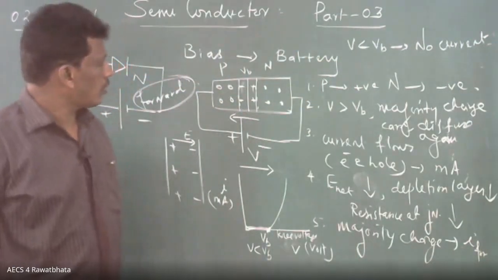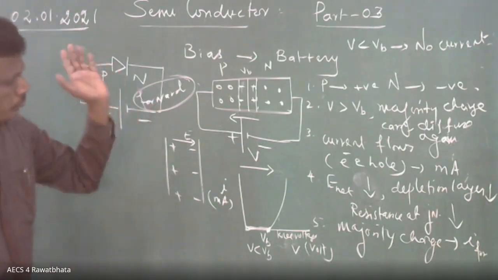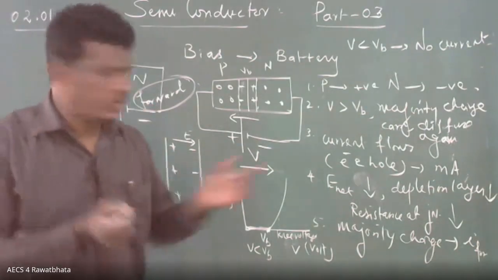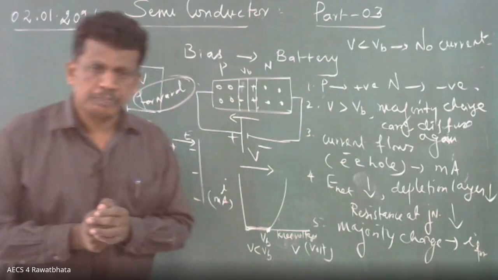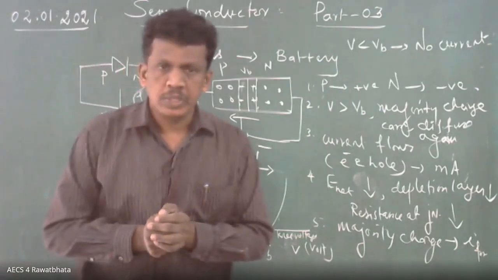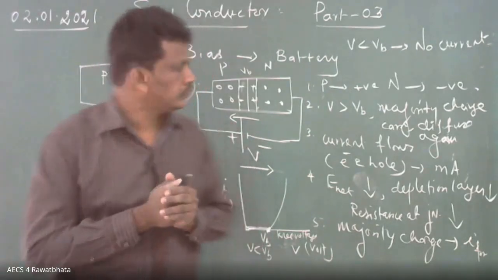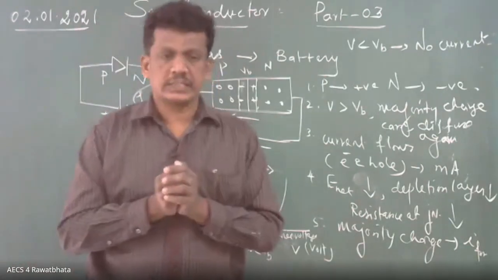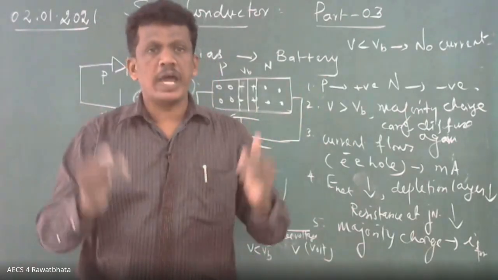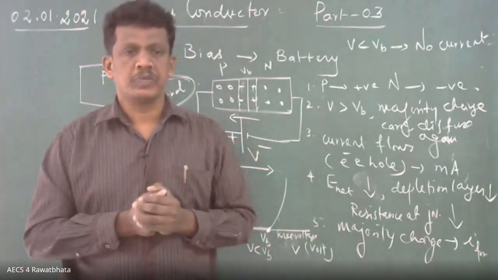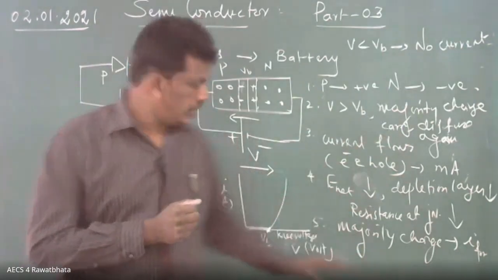That's all for this. Now I am going to do the same thing for reverse bias. If you have doubts in these points, you can ask me now. If you have a specific doubt, what is forward bias? During forward bias, what is happening? What are the changes? And the graph.